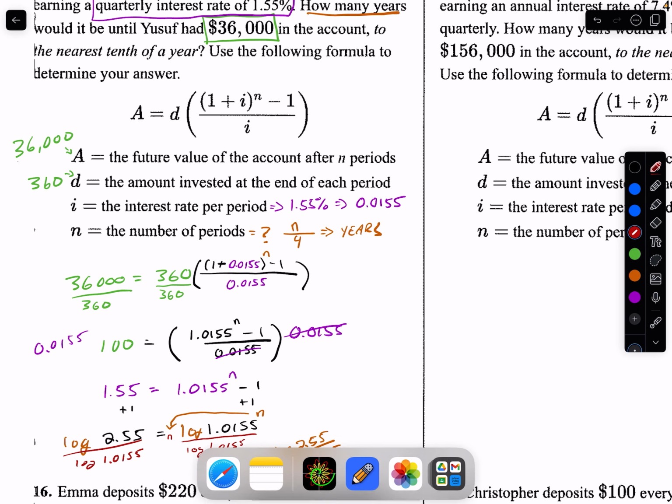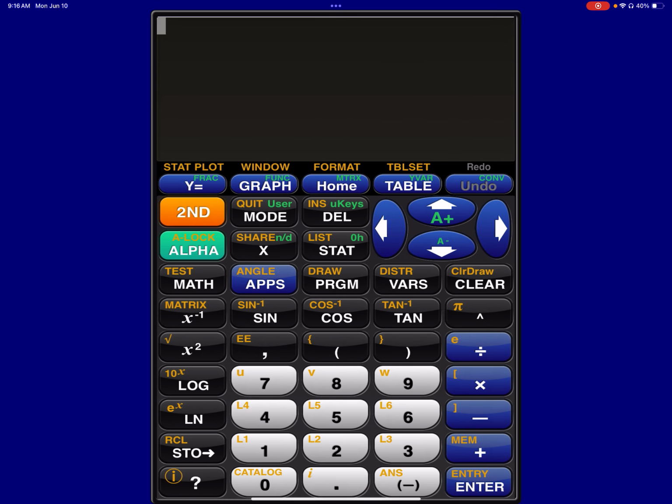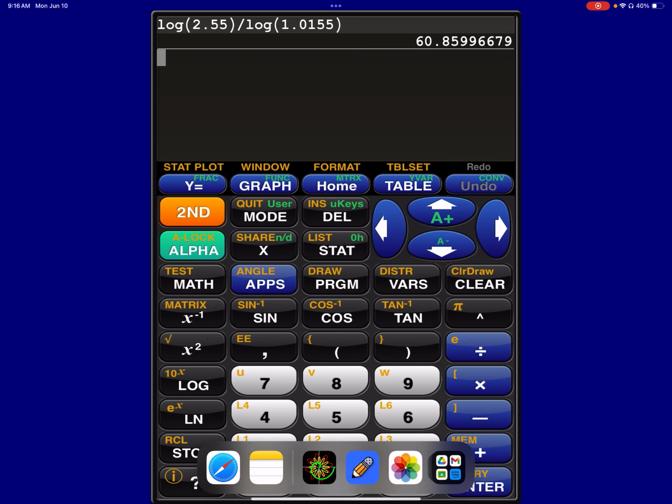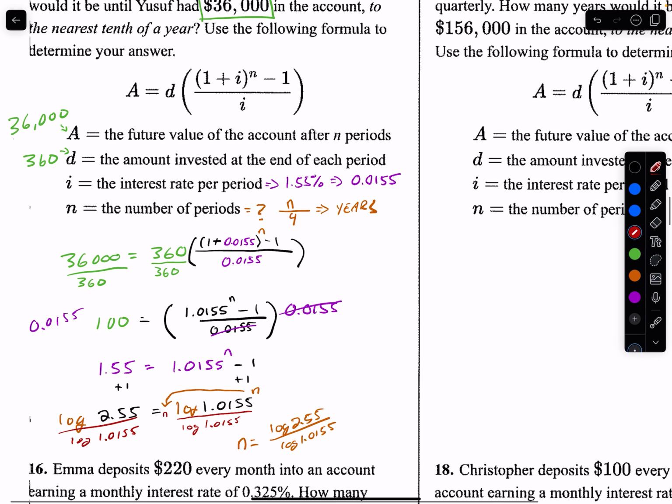So let's take a look at that. I've got the log of 2.55 divided by the log of 1.0155, and that's going to give me 60.9 periods. So my n value is 60.9.